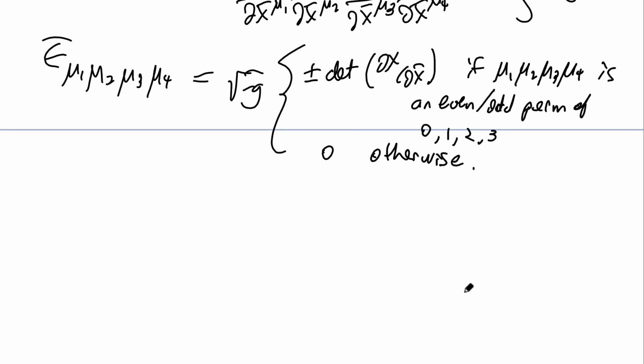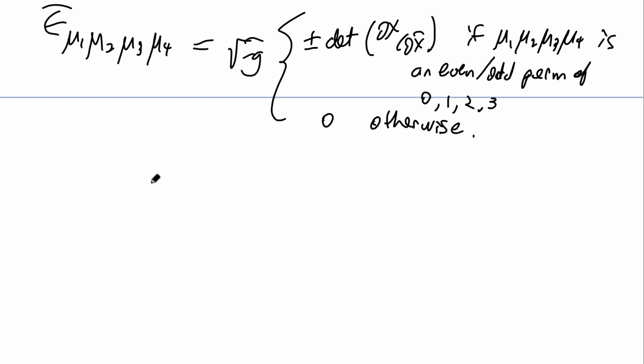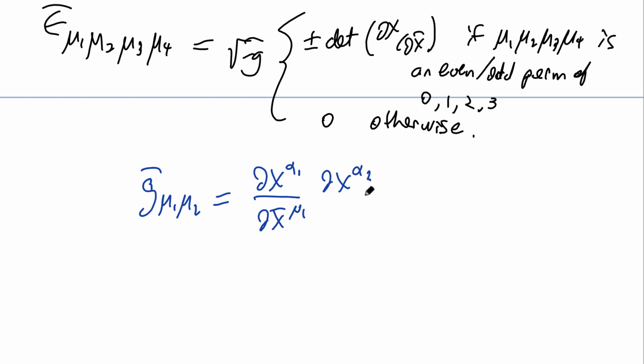Now let's look at the way the metric itself transforms. We have g bar mu1, mu2 equals partial x alpha 1 with respect to x bar mu1, partial x alpha 2 with respect to x bar mu2 times g alpha 1 alpha 2. And now let's take the determinant of both sides.